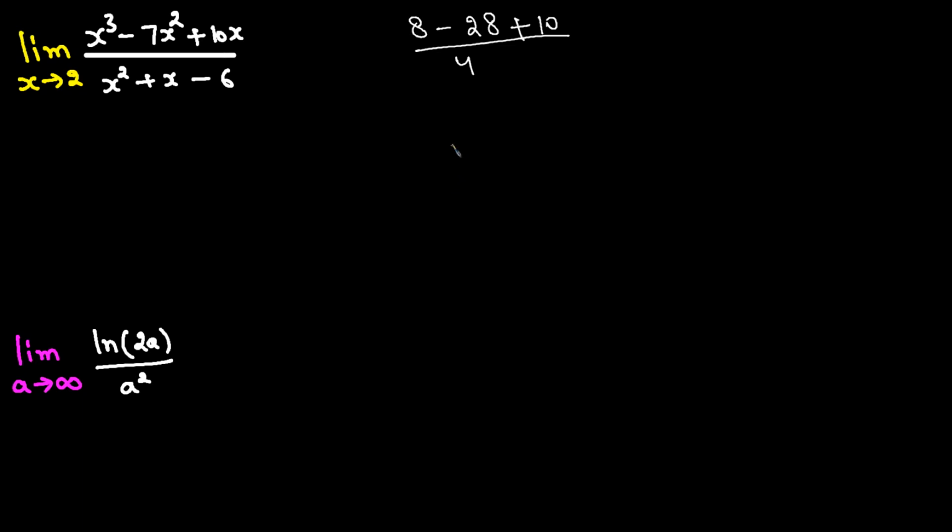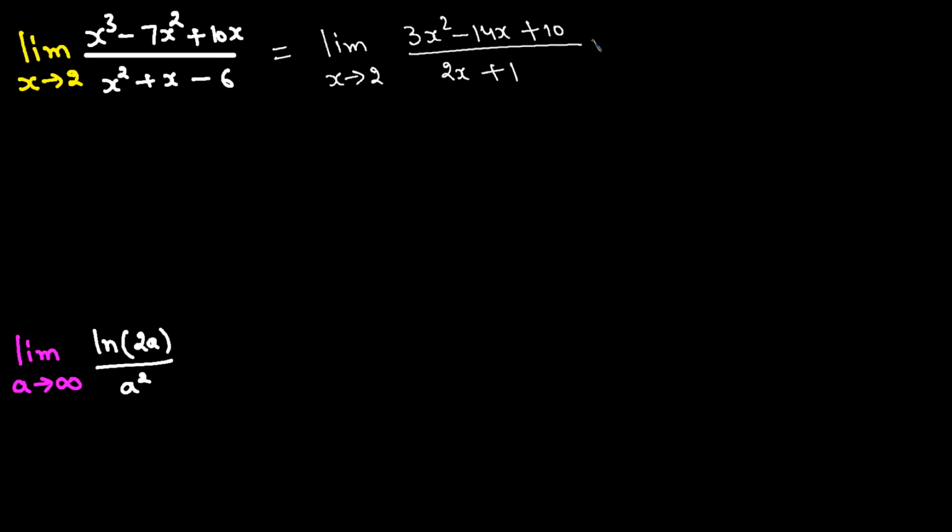So what we need to do is find the derivative of the numerator and the denominator. This can be written as the limit as x approaches 2 of the derivative of the numerator, 3x squared minus 14x plus 10, over 2x plus 1. Now if we plug in x equal to 2 here, let's see if we get 0 over 0 or if we find the limit.